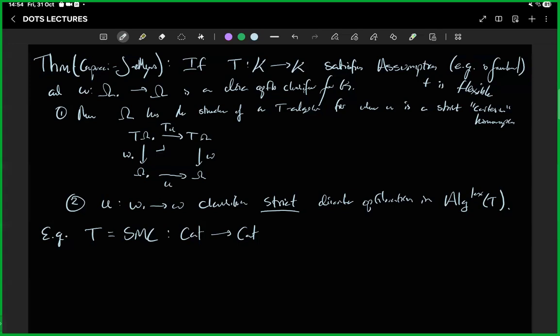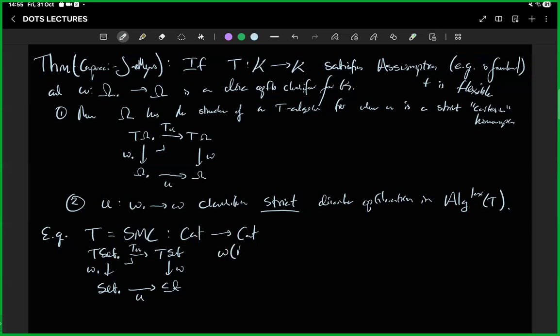We have Set bullet to Set, U, and we have T Set bullet, T Set, omega dot, TU, pullback. And you might say, okay, well, I put a symmetric monoidal structure. Omega just says that Set is a symmetric monoidal category. But which symmetric monoidal category? Well, it is determined by this in the same way we computed it last time.